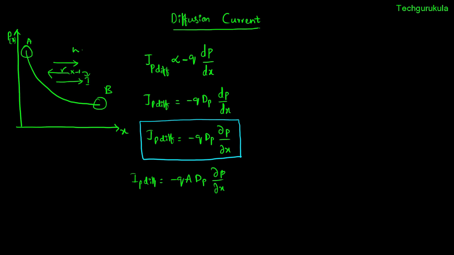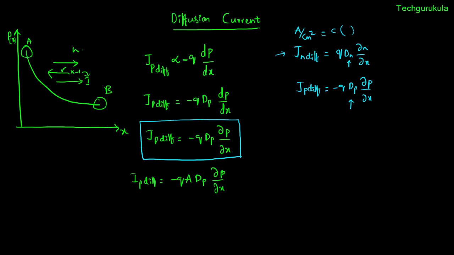Let me write down both the expressions we derived. Now we don't know the units of Dp and Dn, so let us find them from this equation. I'm picking the Jn diffusion equation to find the units. We know that current density is basically amperes per unit area, which I'm taking as centimeter square, which is equal to, we have q here, coulombs, times something which we don't know the units of, times ∂n/∂x.